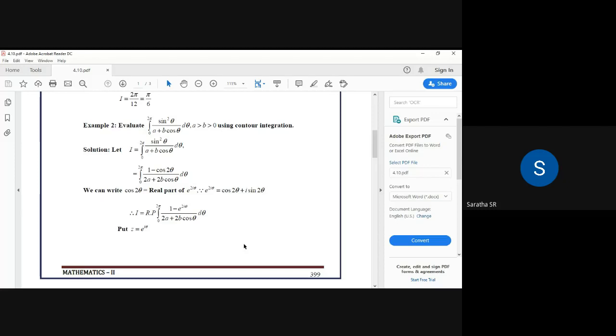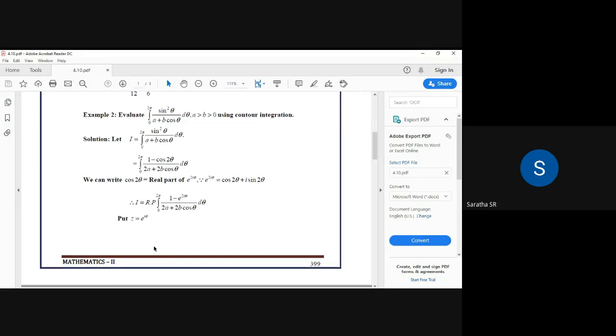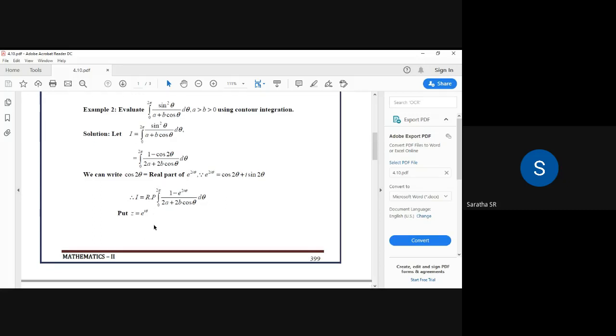Then we do the integration with the help of the residue theorem. The same thing we do here. For that, we assume the exponential term e power i theta as z, that is, we convert the term into the complex number z. So already we know that z equals e power i theta.